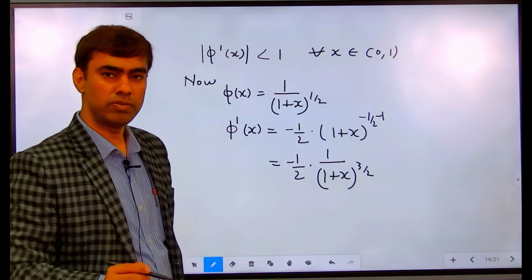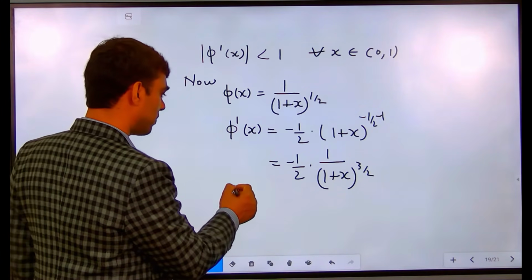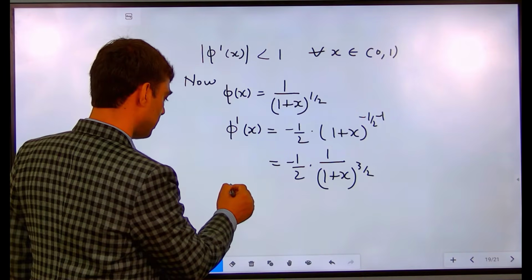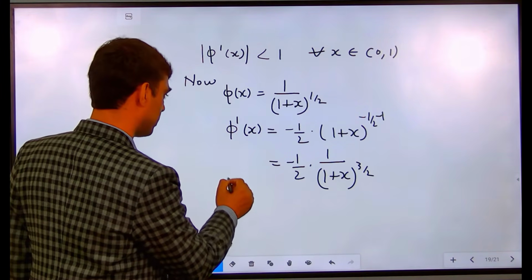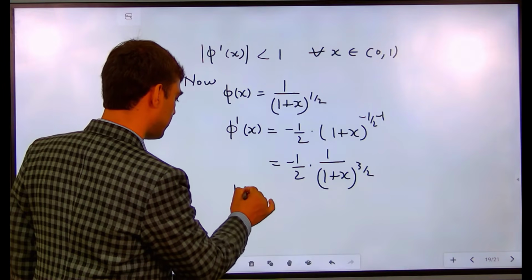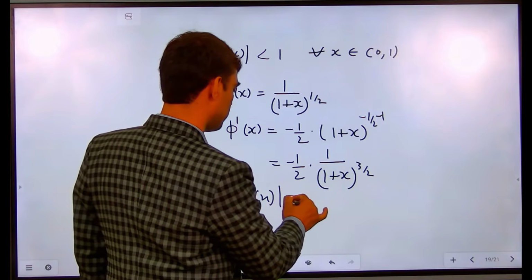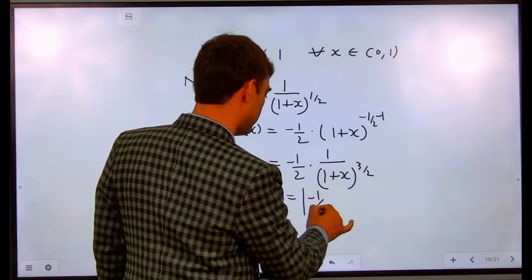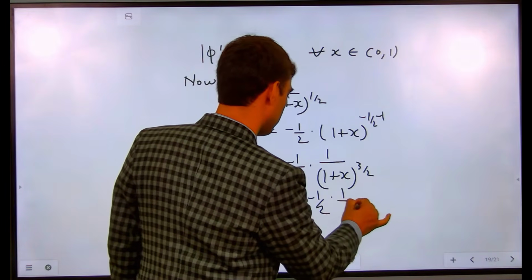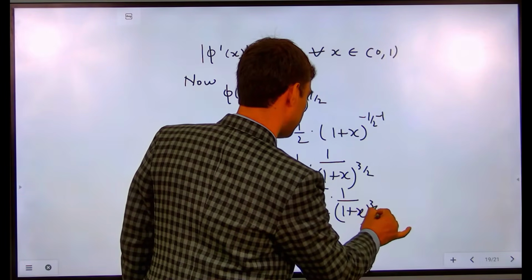This is the value of phi dash x. So mod of phi dash x is the mod of minus 1 by 2 into 1 upon (1 plus x) to the power 3 by 2.